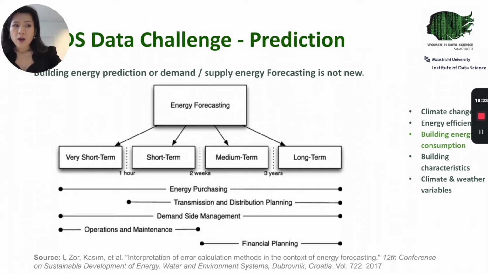The importance of the models and what they want to get from the data is different. So for the people who have that expertise, I think it's important to know which term you are actually predicting. But just for your background knowledge, we are doing this medium-term energy forecasting.